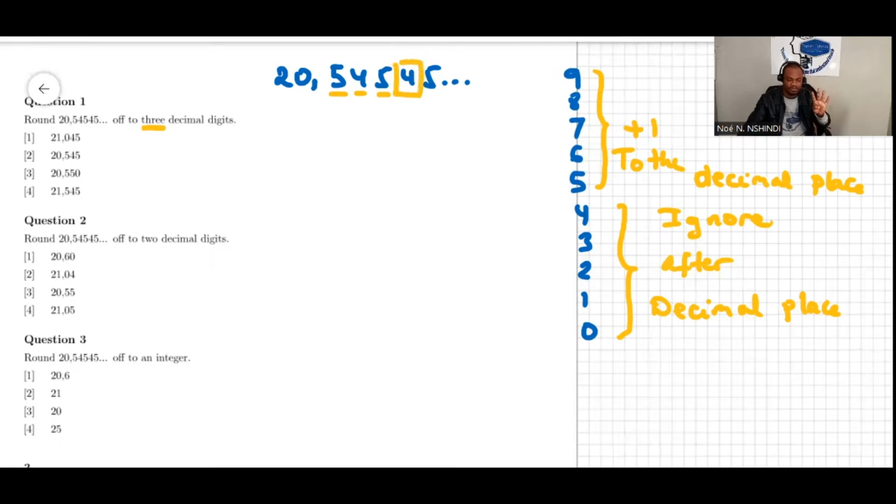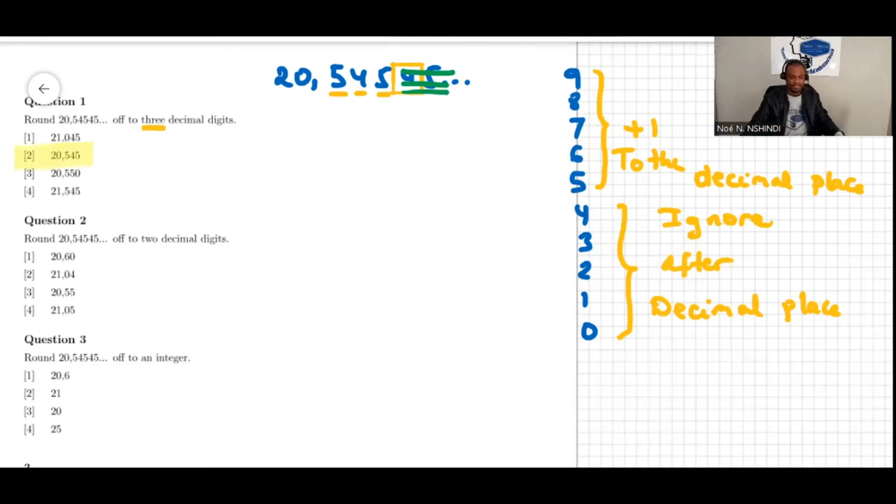Since 4 is lesser than 5, we ignore the remaining digits and stop there. So the correct answer is 20.545, which is alternative number 2.